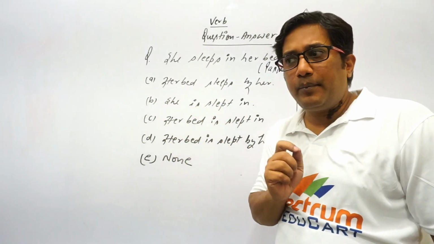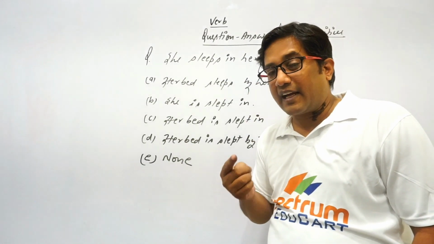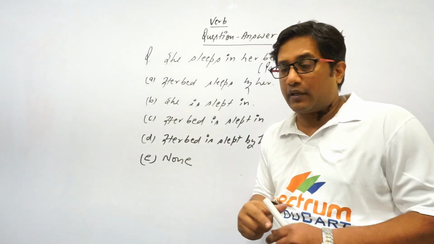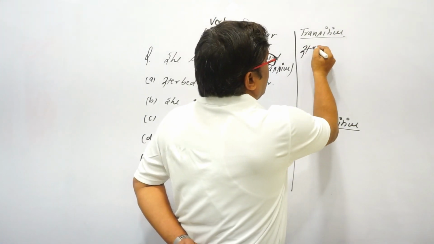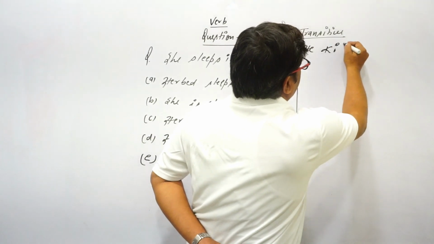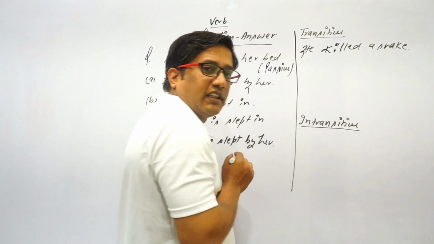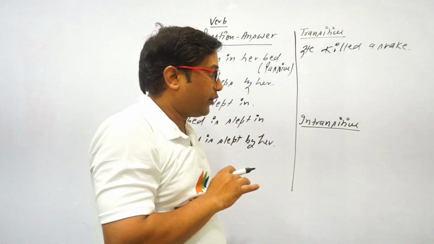Because sleep is an intransitive verb. Transitive means a kind of action word which has an object. For example, if I write here, he killed a snake. So this is transitive. I told you in an earlier video as well.